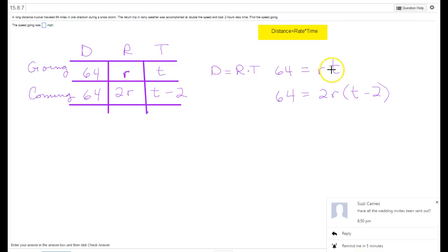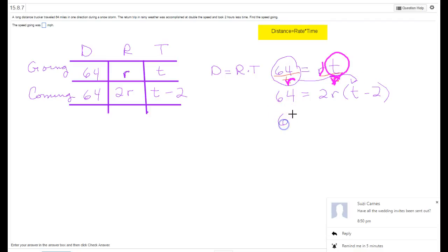So what we're going to do is change this equation so that we get the T by itself. And we're going to do that by dividing both sides of the equation by R, actually, not T. We can isolate T because you see the R's cancel and we have T by itself equals 64 over R. What we can then do is, instead of having this T here, we're going to substitute 64 over R in it.